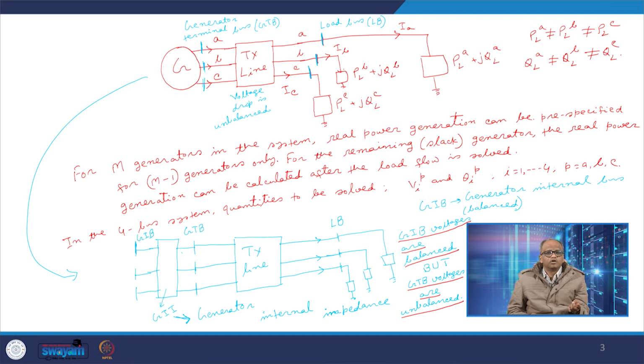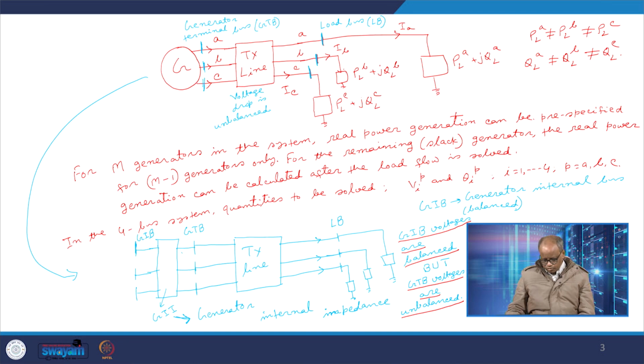That generator internal bus would be balanced, and this internal bus would be connected to the generator terminal bus through its generator internal impedance, and that generator internal impedance would be contributed by the generator zero sequence, positive sequence and negative sequence reactance. So every generator would be represented by two buses.